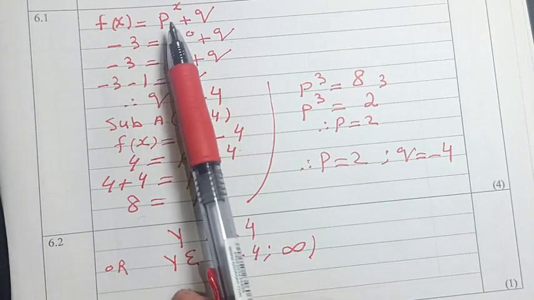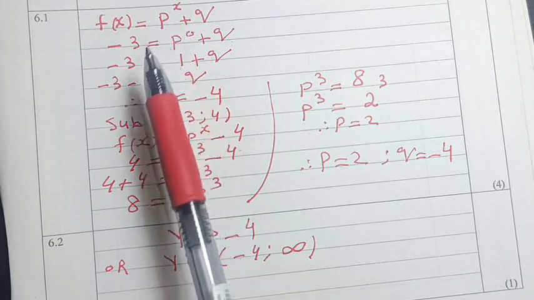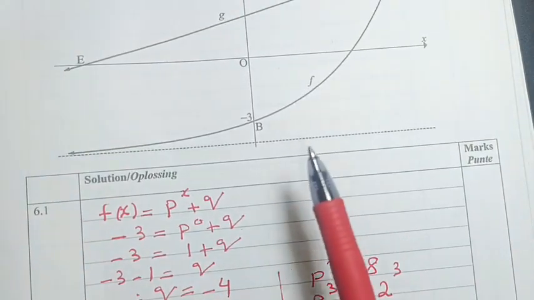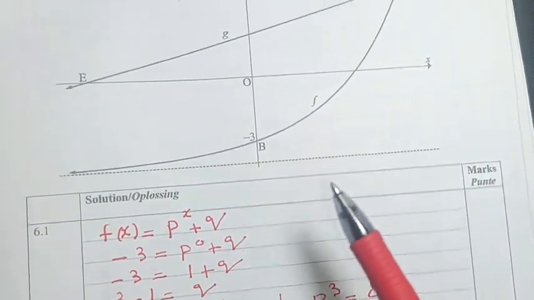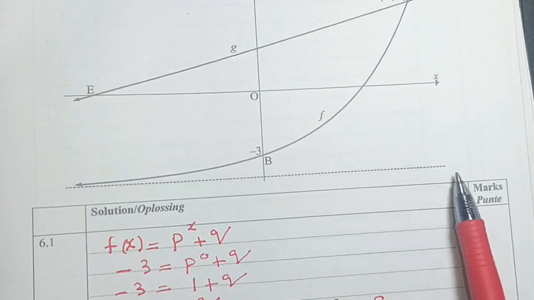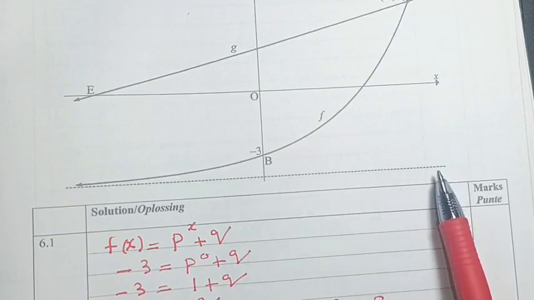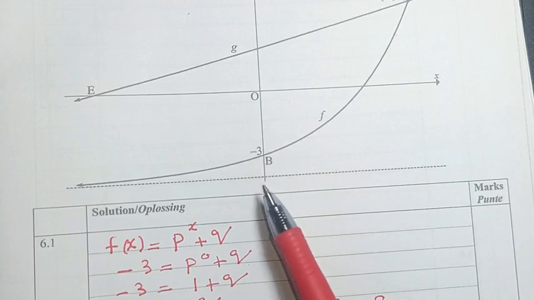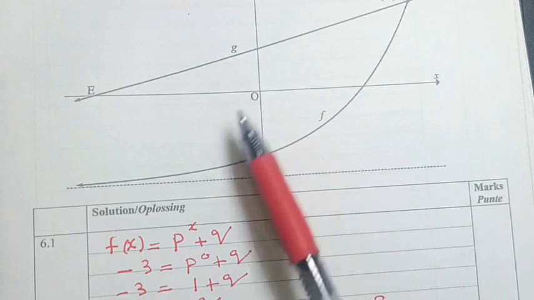But now this is a positive one, so we say y greater than q. That's your range. Otherwise, you can visualize the graph and give the answer, because the asymptote is y = -4, q is equal to -4. So the range of the graph is y greater than -4. That's my final answer.